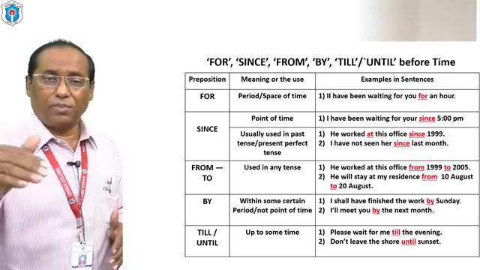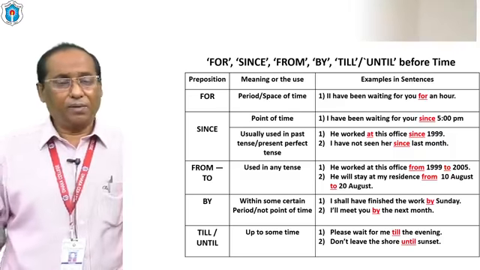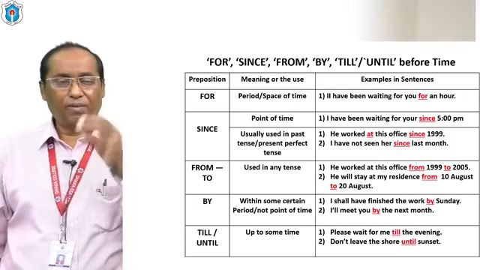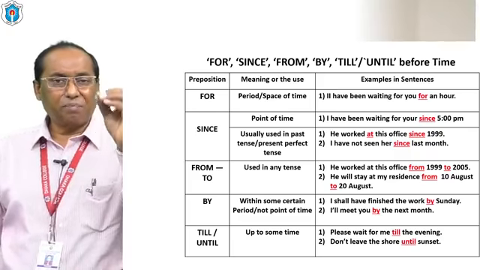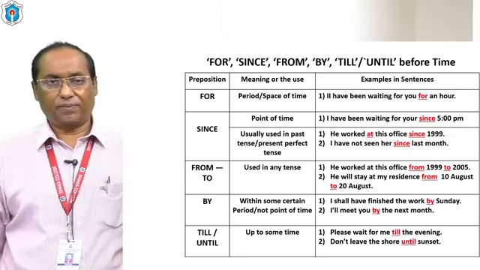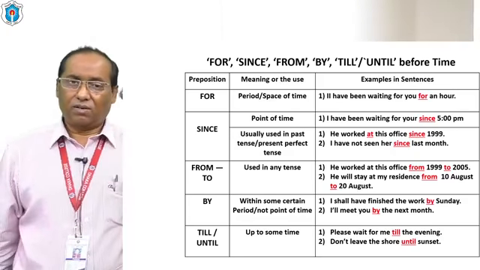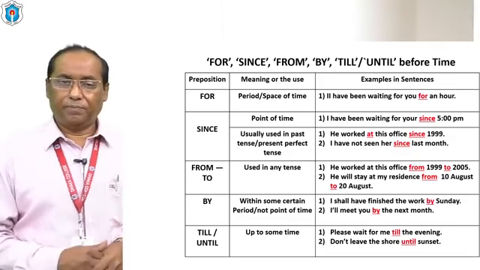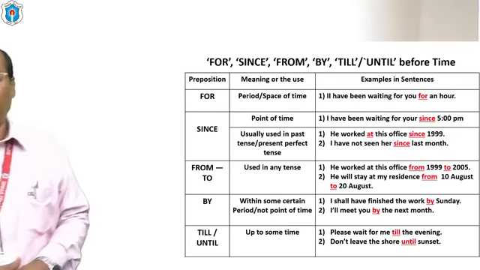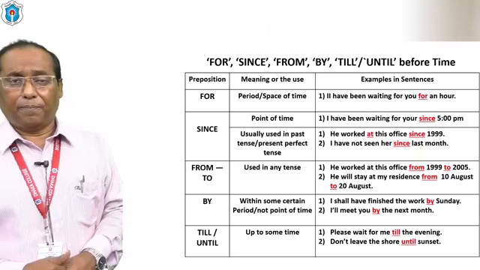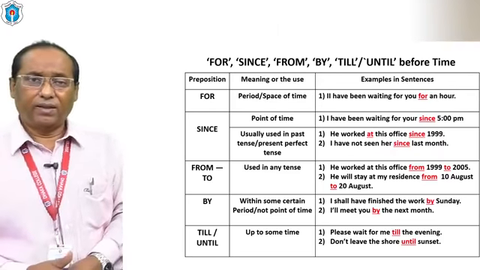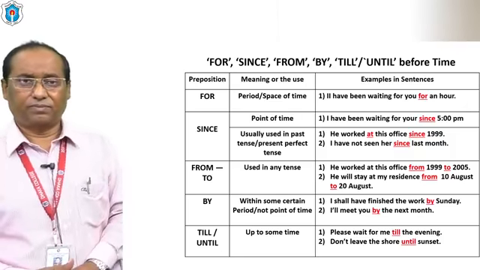From also means hote. In Bangla from এবং since একই অর্থ এখানে মিন করছে। মূল পার্থক্যটা since mainly বসে past tense as well as present tense, but from যে কোনো tense ব্যবহার হতে পারে। As for example, he will stay at Dhaka from July to August.